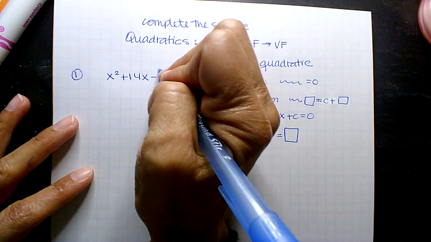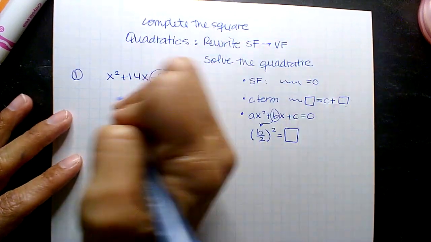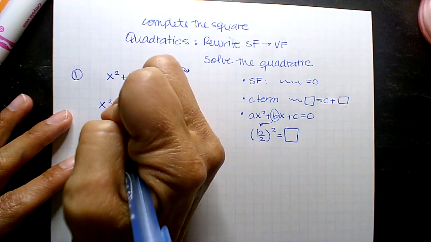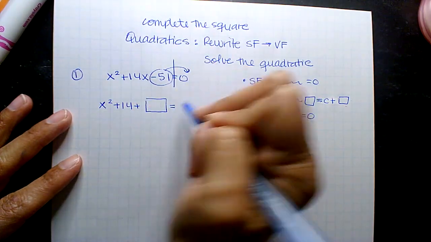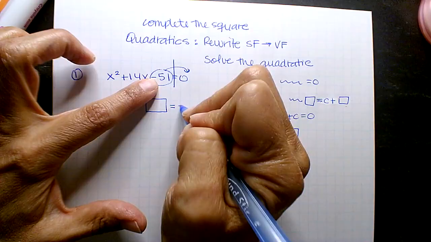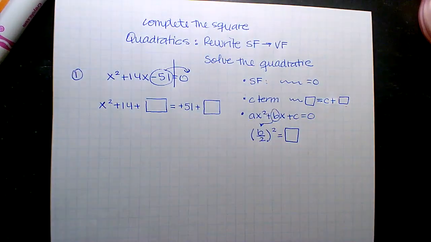So this is my c term. I'm going to move it over the equal sign, so I get x squared plus 14x, my space saver box, equals negative 51. So now it's a positive 51 on the right, and I'm going to put my space saver boxes. So easy. Just take the constant over.